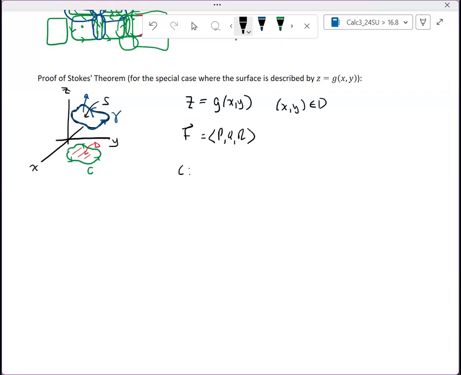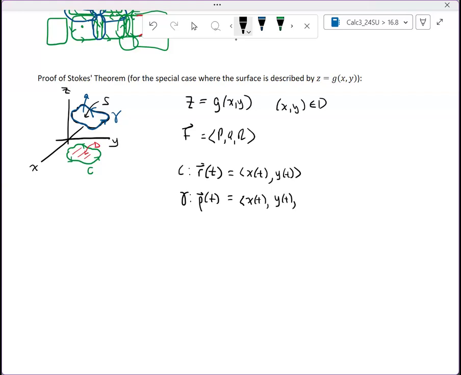So our curve C, we can parameterize as R of t equals x of t comma y of t, that way. Our curve gamma we can parameterize as rho of t equals x of t comma y of t.